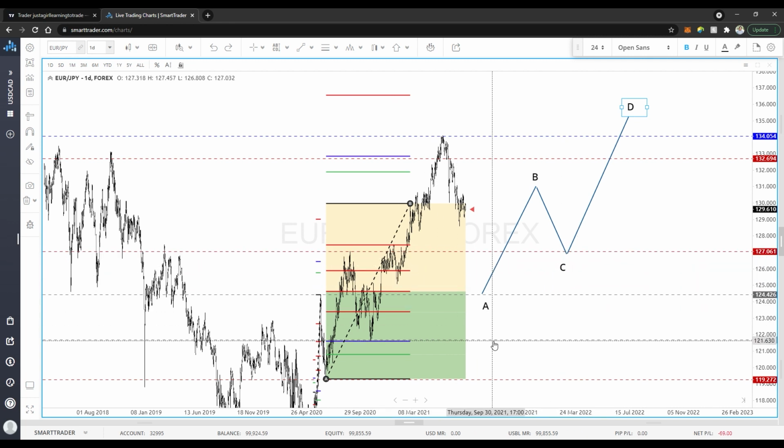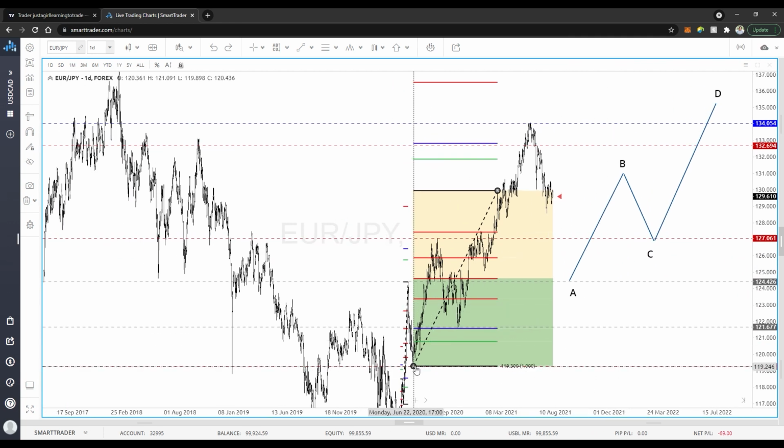So what I'm looking at here is we have the A and the B. Price did make a C a little bit. What we typically see when this happens, because this didn't even make a full 23.6 retracement, is that price doesn't go to the matching extension.